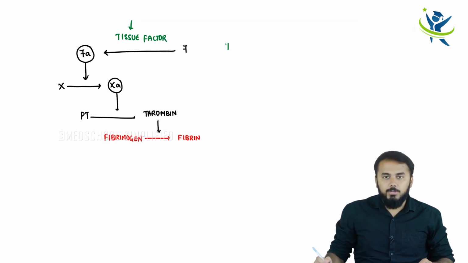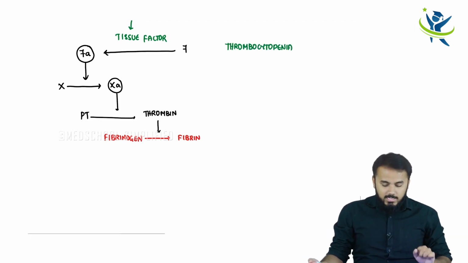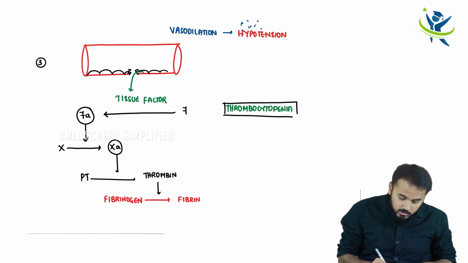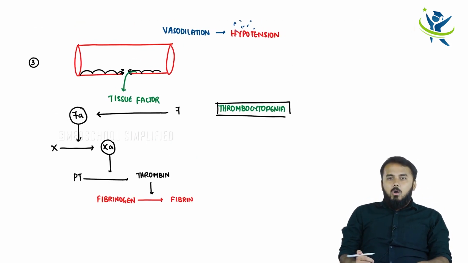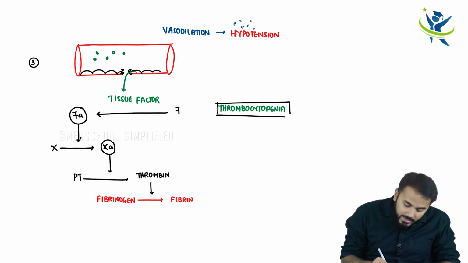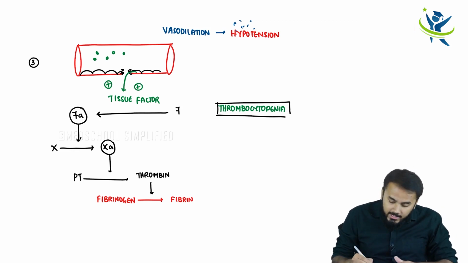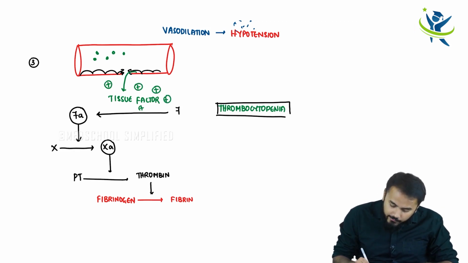Apart from thrombocytopenia, what is the other thing? These endotoxins cause damage to the blood vessel, causing release of tissue factor, and these endotoxins will stimulate and activate the tissue factor too much, so that there will be excess production of fibrin.